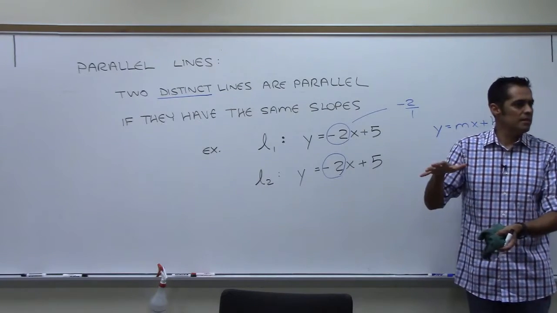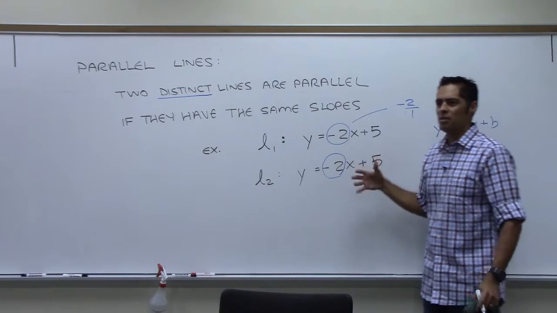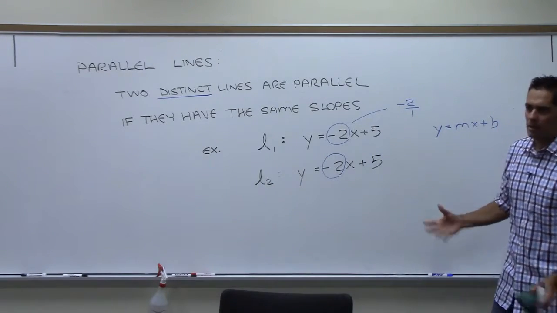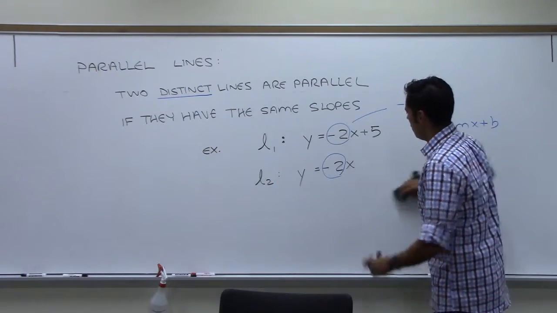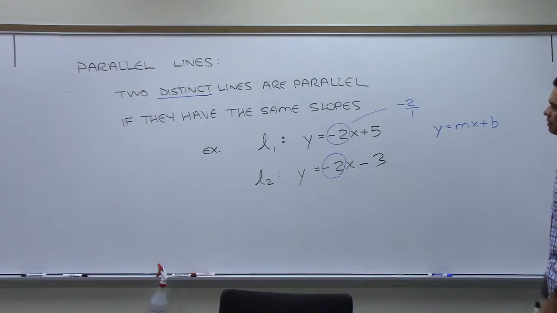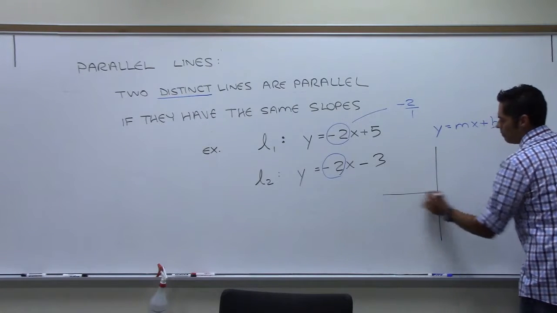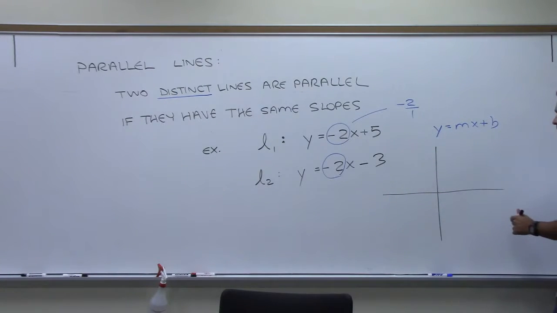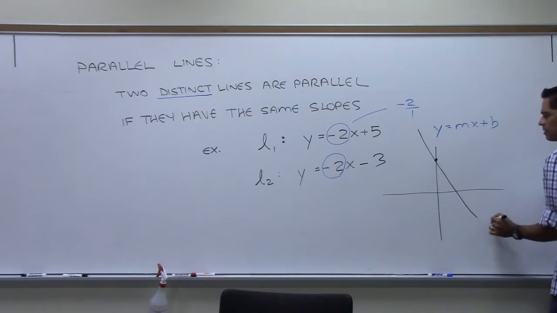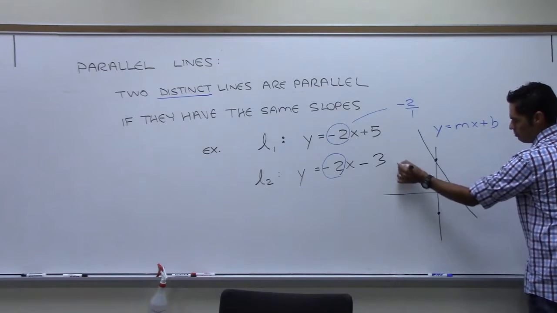They're not distinct lines, so we wouldn't say that these two lines are parallel because they're the same. Back to this. Now if we graph these, I'll just do a quick graph. Don't worry about the graphing part of it. We'll get to that later. It would look something like this. One of them would go like this, and the other one would go something like that.